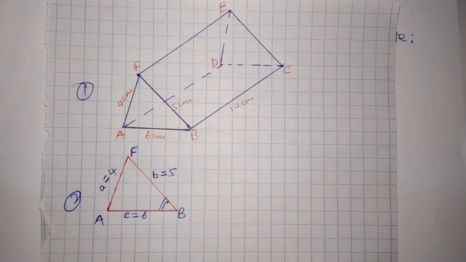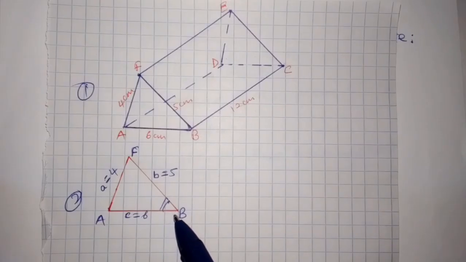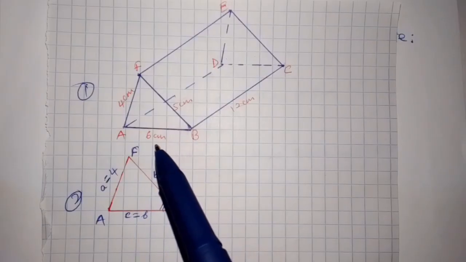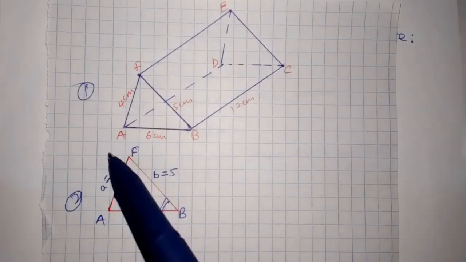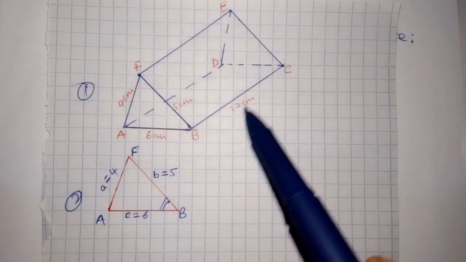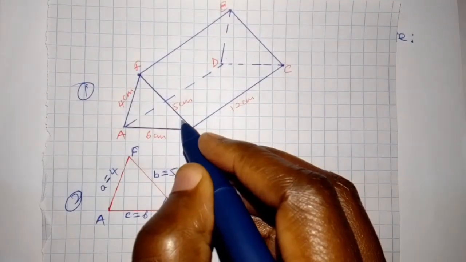So now in this diagram ABF, this is angle B. The angle between faces FBCE and ABCD, the angle that is required, is this angle here.